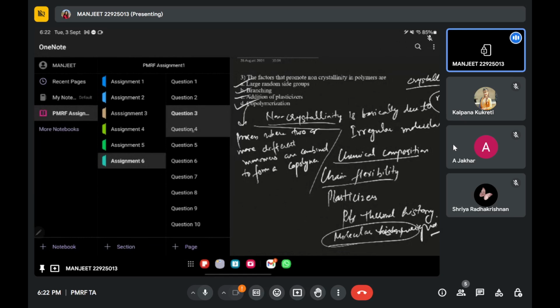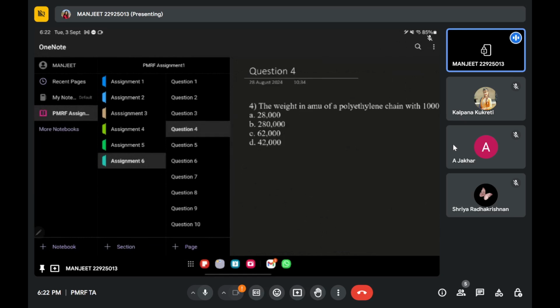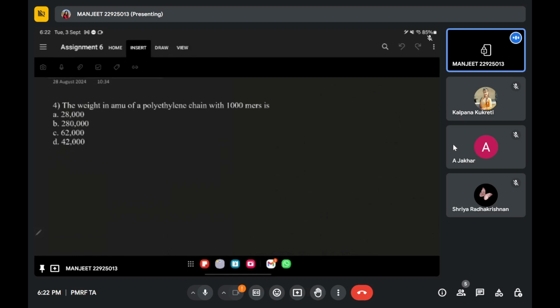So let's move to the next question, question number 4. In question number 4, it asks for the weight in AMU of a polyethylene chain with 1000 mers.